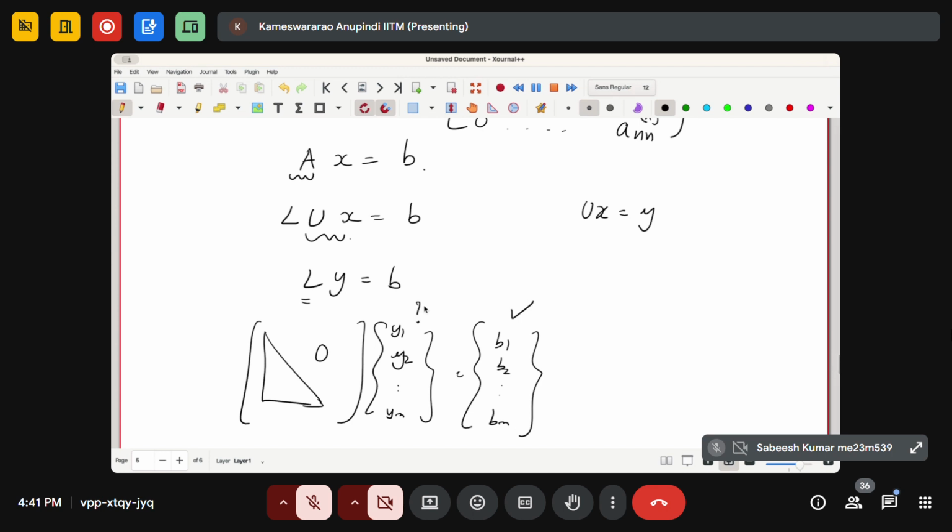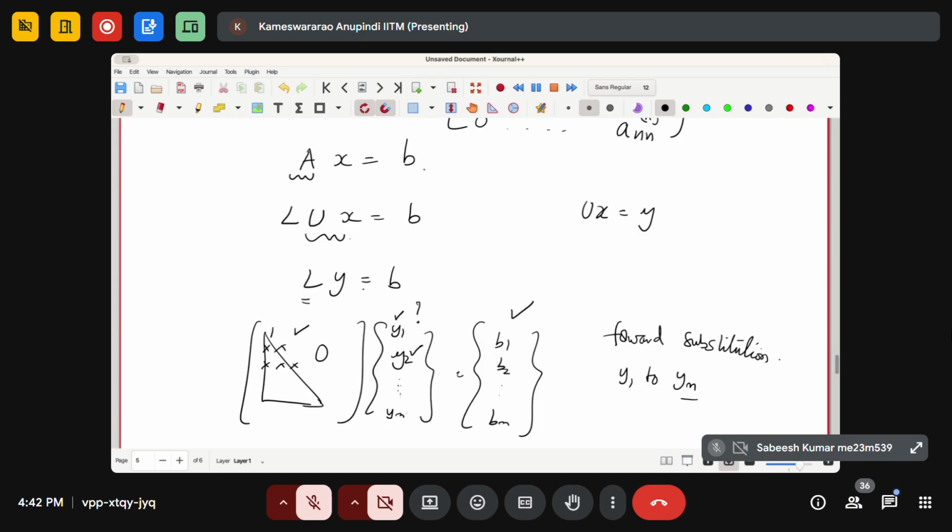I don't know the Y's, but from the A that is given, I am somehow able to calculate L and U. Then I know all these coefficients of the L matrix. Then, just like I have done backward substitution, I can do forward substitution here, right? Because I have only one element here, two elements here, three elements here. So first I can calculate Y1, then using Y1, I can calculate Y2, and so on until Yn. That means I can do forward substitution and then calculate Y1 to Yn.